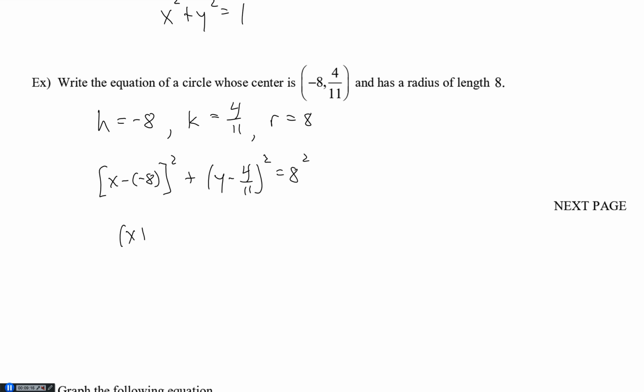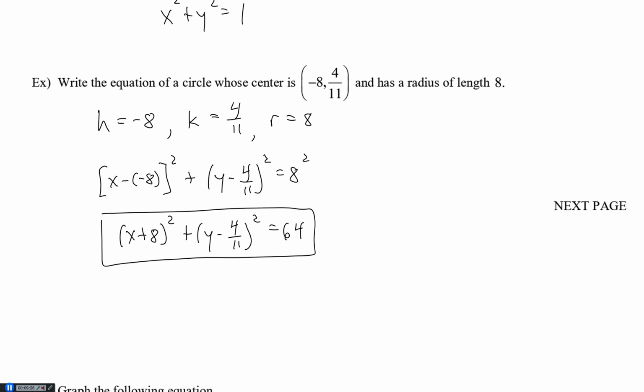So that would simplify to x plus 8 squared plus y minus 4/11 squared equals 64. We'd have an equation for that particular circle.